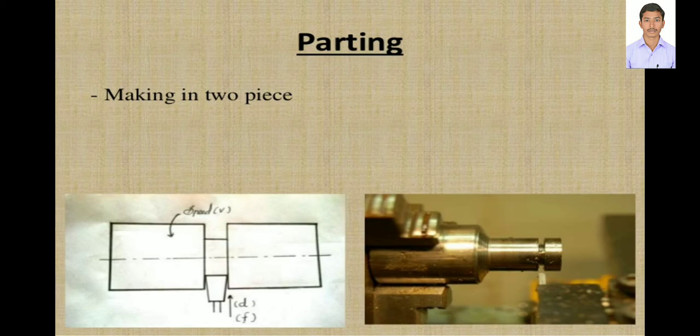This is the diameter of the shaft, and this is the parting operation. The depth of cut should be maintained. The parting can be at the center position of the workpiece, at any end of the shaft, or anywhere in the middle, on the lathe machine.